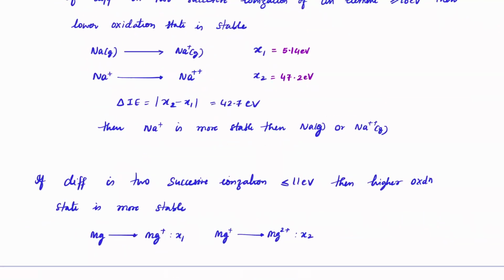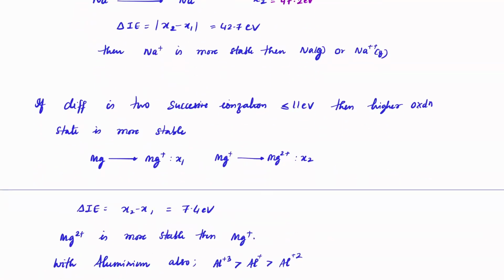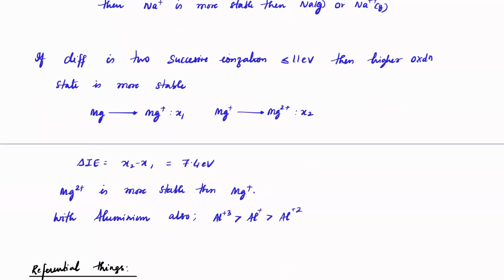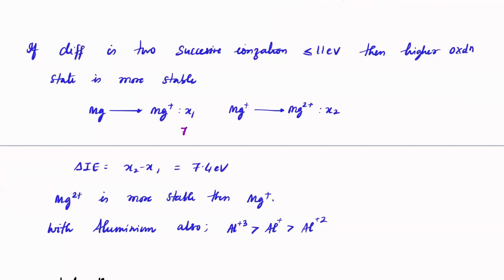Now the same thing when it comes to magnesium. If you notice the magnesium part here, how much is the electron volt difference? In the case of magnesium, if the difference in the two successive ionizations is less than 11, then the higher oxidation state is always more stable. The first value is 7.65 electron volts.